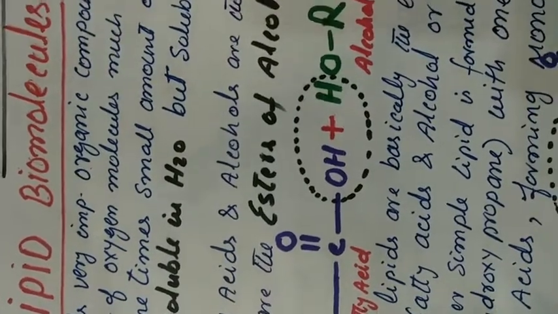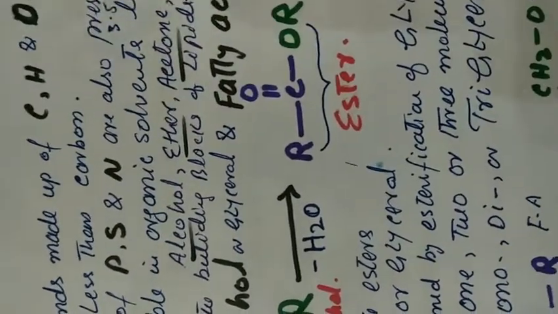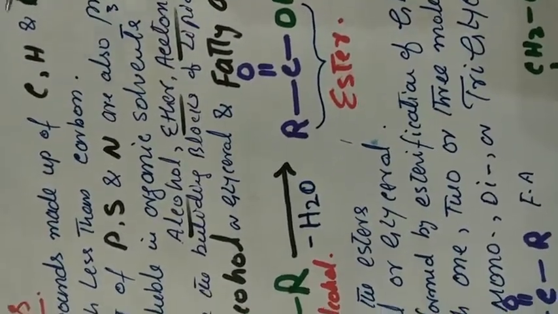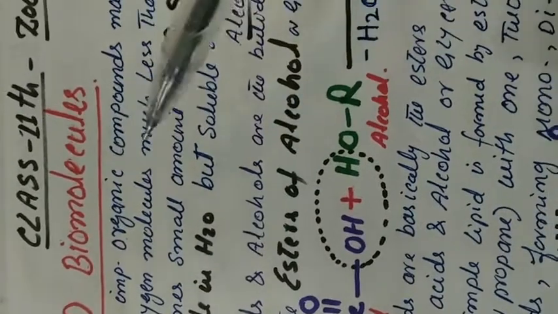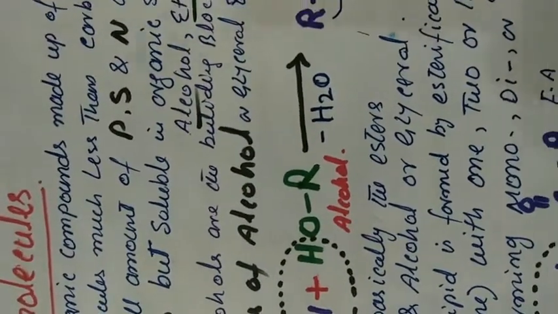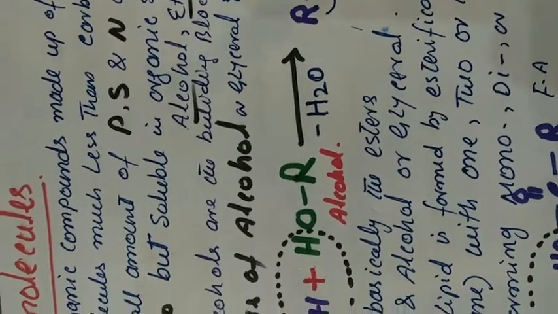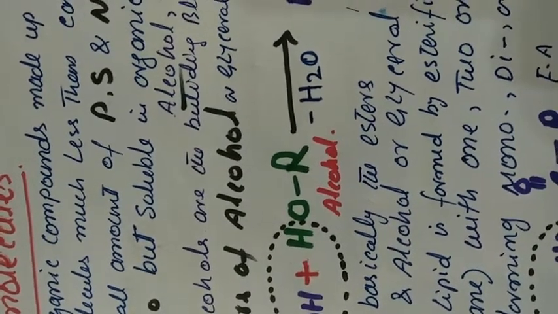These lipids are very important organic compounds which are essentially made of carbon, hydrogen and oxygen. But in contrast to the carbohydrates, the number of oxygen atoms in lipids is much less than the carbon. And sometimes small amounts of phosphorus, sulfur and nitrogen are also present in lipids.